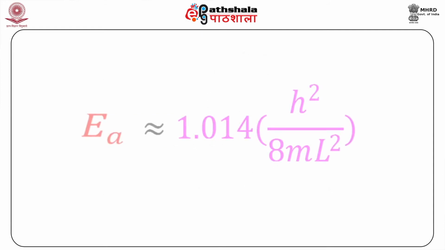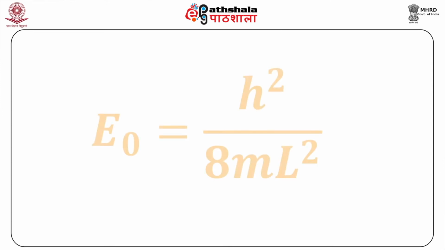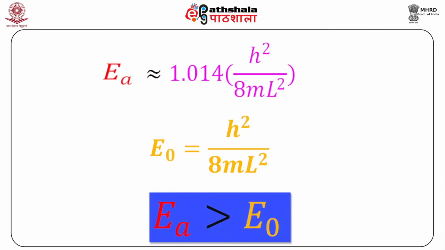Comparing equation 6, that is 1.014 into h square upon 8 ml square, with equation 7, which is h square upon 8 ml square, shows that the approximate energy EA is greater than the ground state energy E naught as shown in equation 8.